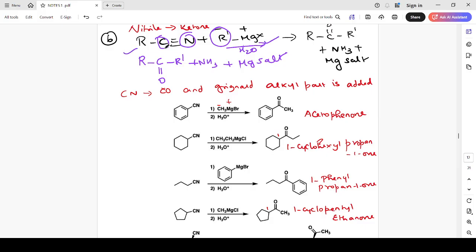The R dash would go and attack it. So this Grignard can also be used for aromatic nitriles as well. You can see benzonitrile is also getting converted into ketone, acetophenone.